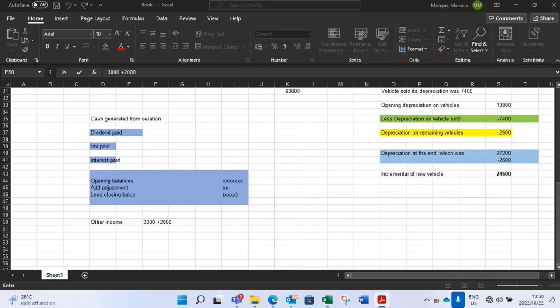Okay, let's go to adjustment number 4. You see adjustment number 4? Yes, on page 9.